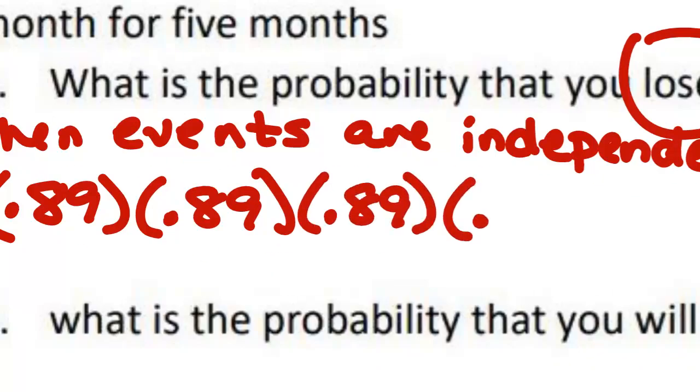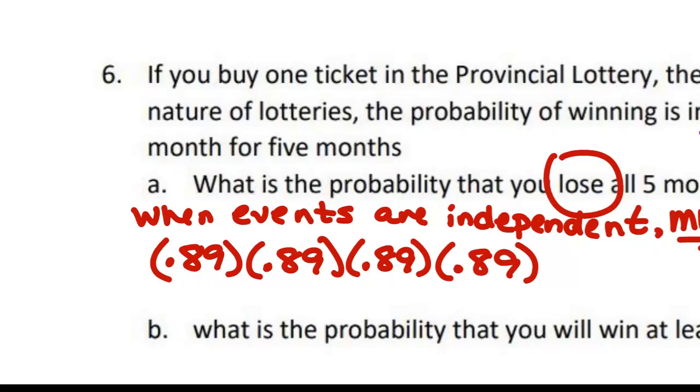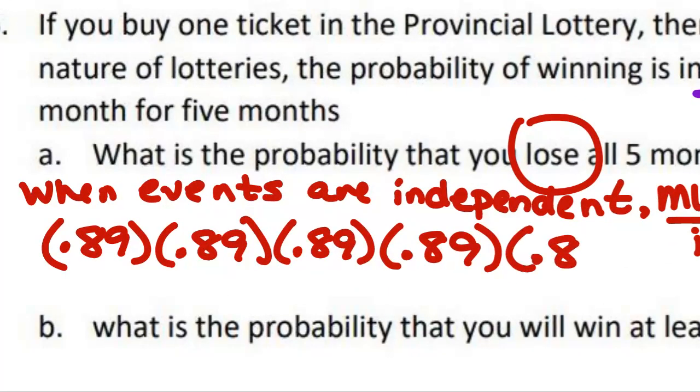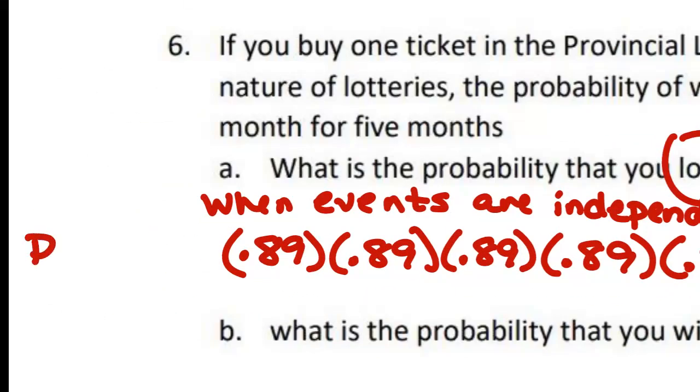Third month, fourth month, and fifth month. So I'm going to multiply all those together. That's my probability of losing for 5 months.